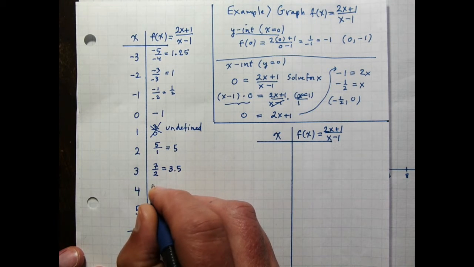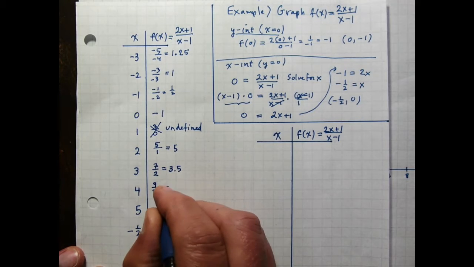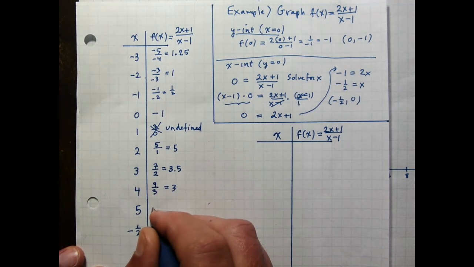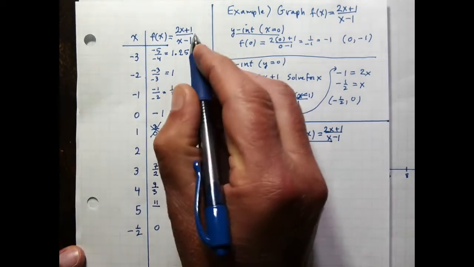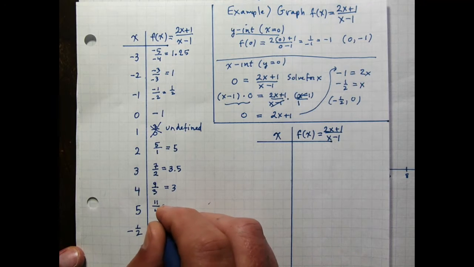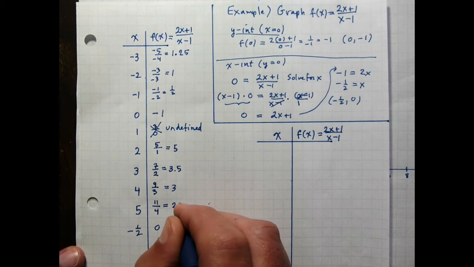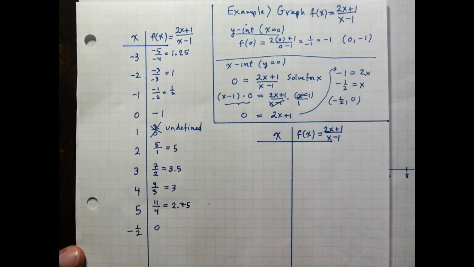If I plug in 4, 2 times 4 is 8 plus 1 is 9. 4 minus 1 is 3. That's 3 exactly. If I plug in 5, 2 times 5 is 10 plus 1 is 11. So that's the numerator calculation. 5 minus 1 is 4. So 11/4 is 2.75.